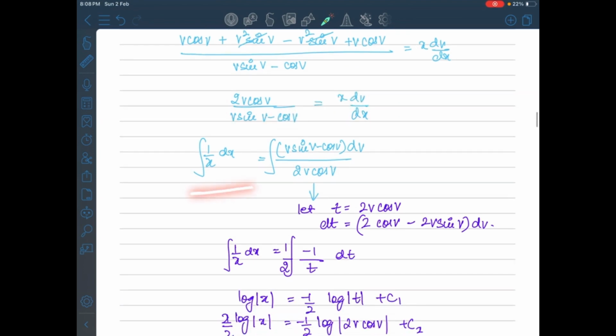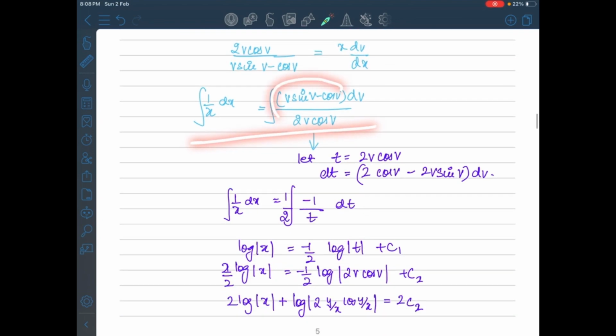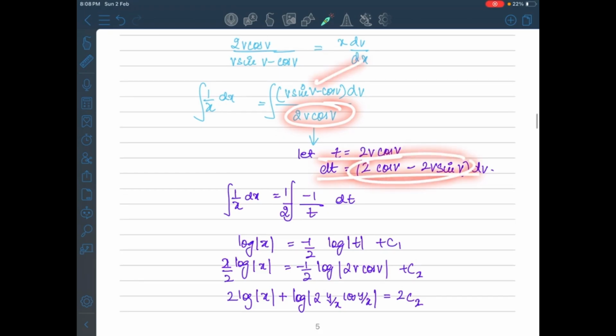Now after doing this, there are many ways to solve, but with experience after doing integrals, you should have an idea that if you differentiate this, you will get this form if you just remove 2. So I'm just letting this as t, and when you differentiate, I got the numerator as well, just keeping 2 aside.